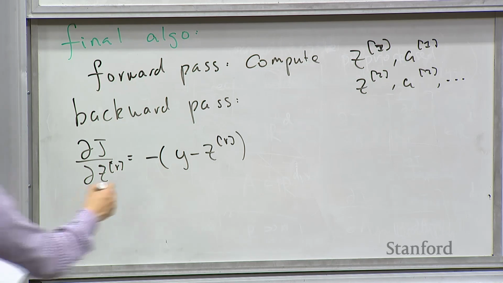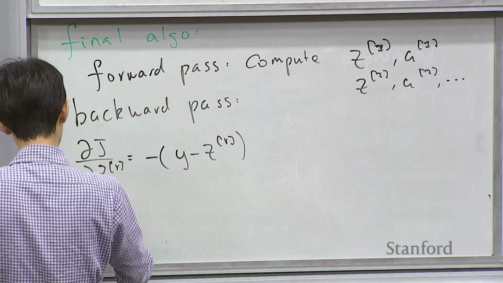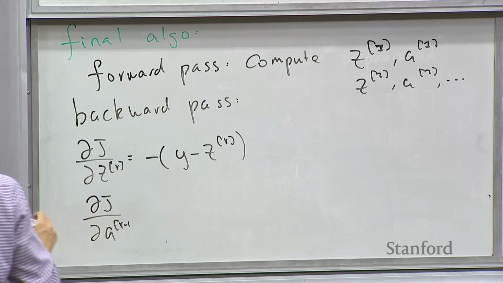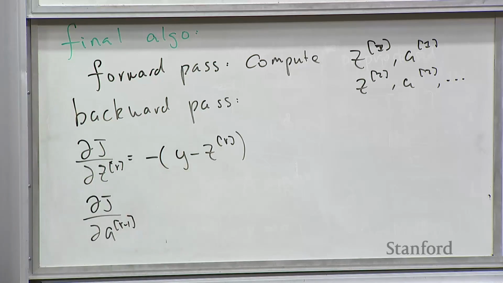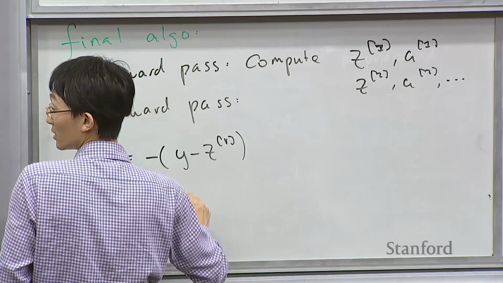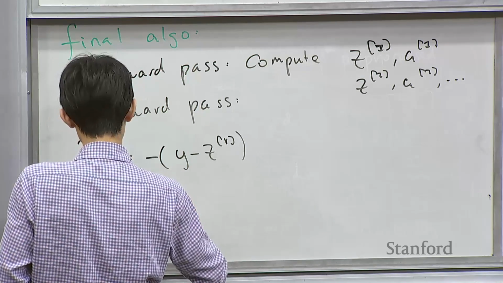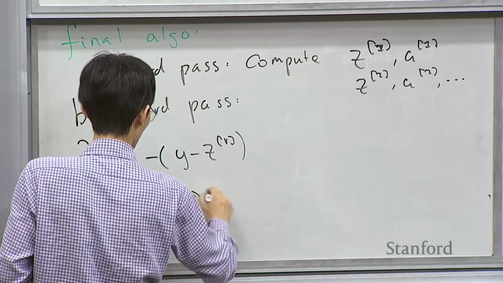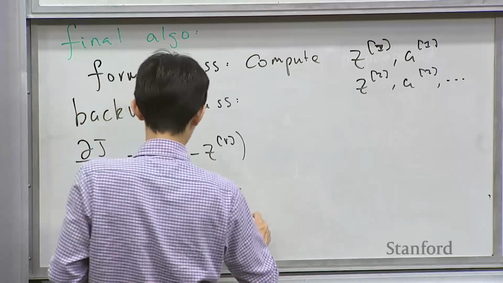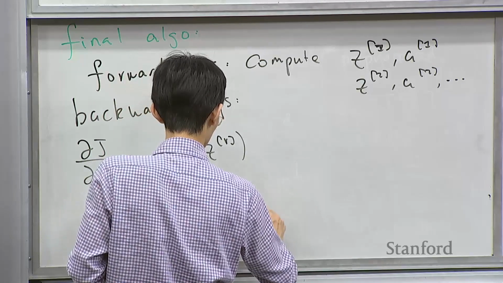So from this you can get dJ/dA_{r-1} using this formula, because this is W. If I can do it on the fly correctly, I guess this is W_r transpose times dJ/dZ_r.